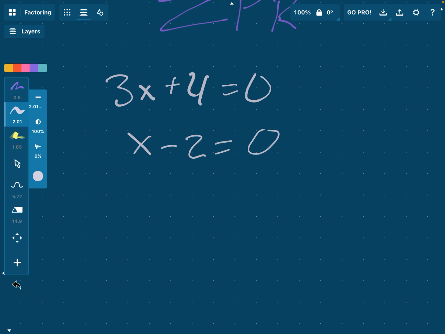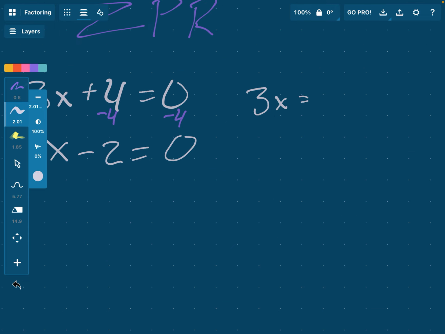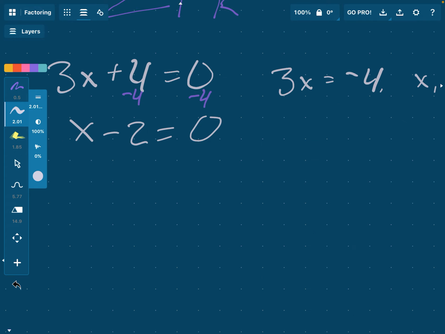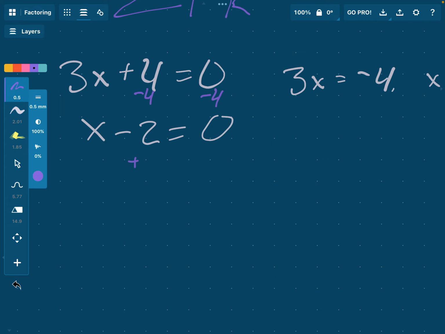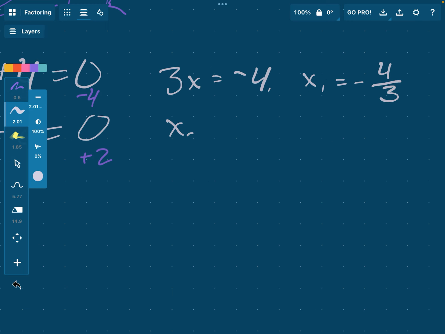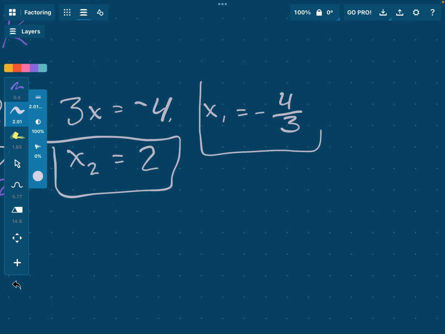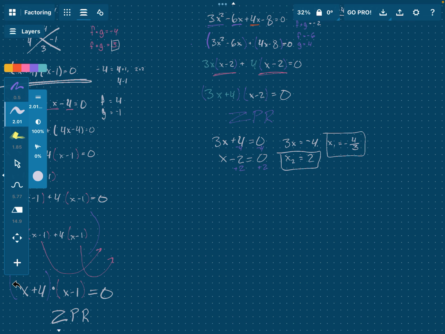For 3x plus 4, we're going to move this 4 over to both sides and then divide by 3. So we have 3x is equal to negative 4, and x, or our first root, is equal to negative 4 over 3. On the other one, this one's much more simple. We can just add the 2 across and get x2, or our second root, is equal to 2. So those are our two solutions to that quadratic, or our two roots to that quadratic.